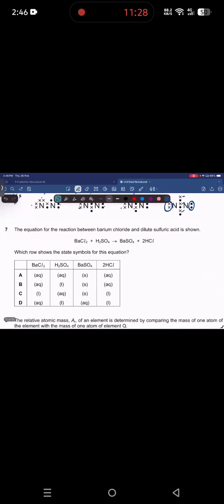Now the next question. This next question is for the solubility of salts. Formation of a salt: barium chloride and sulfuric acid form barium sulfate and hydrochloric acid. In the equation they have written the reaction between barium chloride and dilute sulfuric acid.